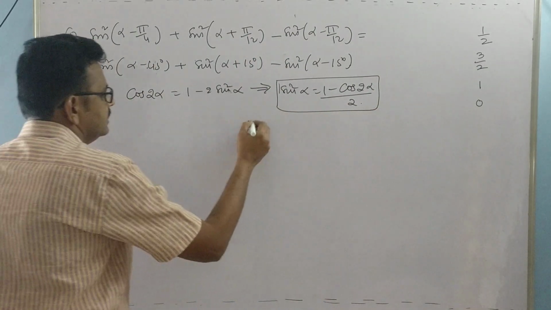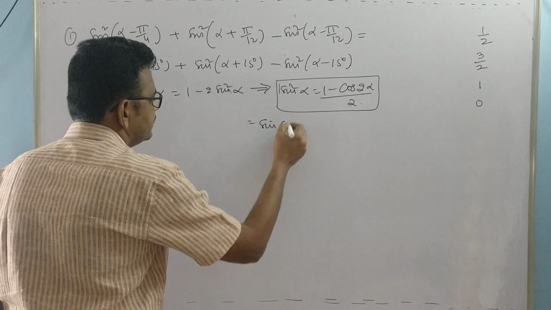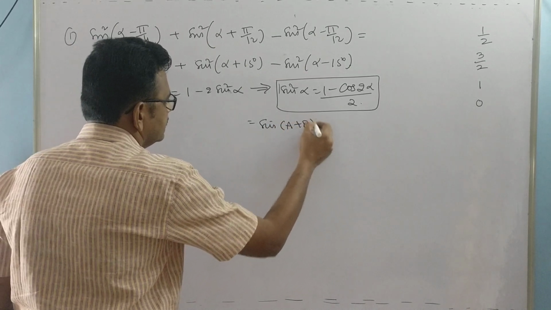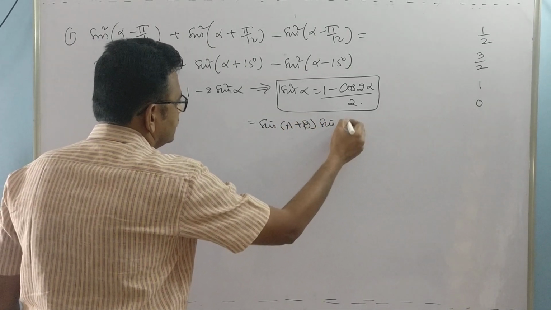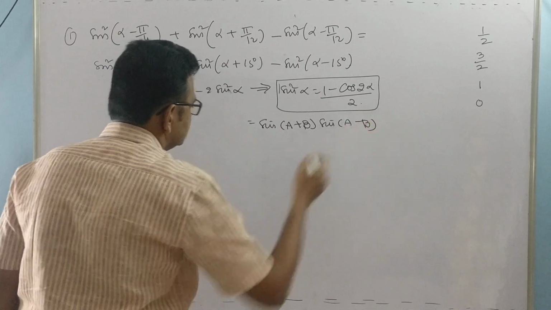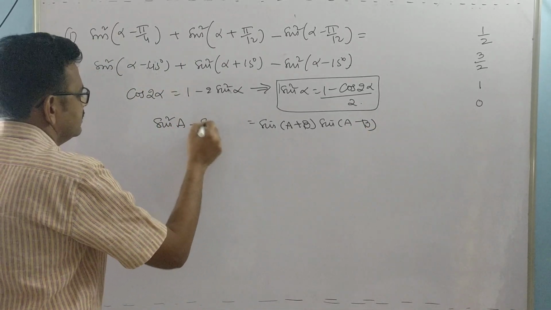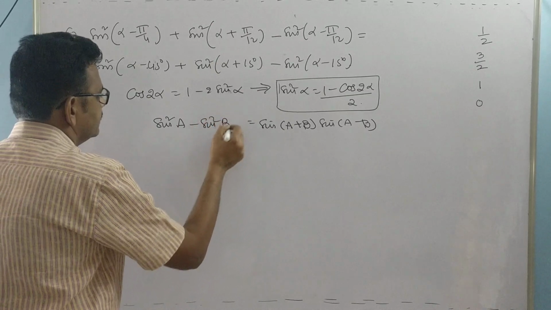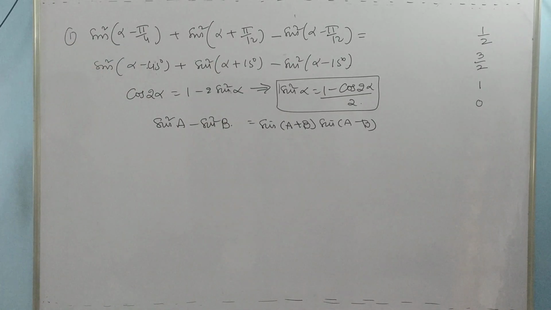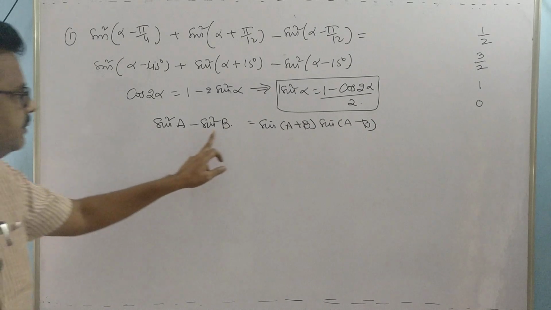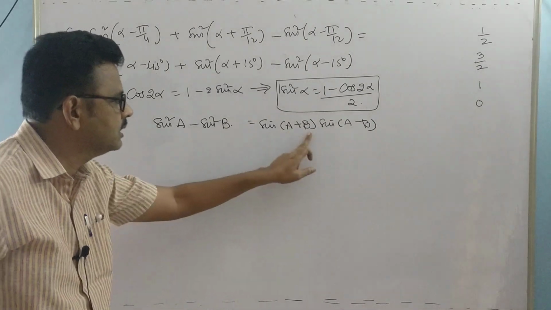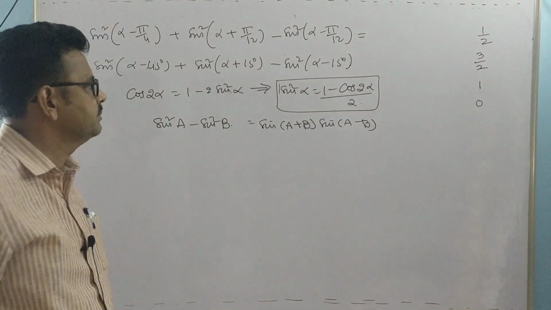And one more formula: sin of (a plus b) into sin of (a minus b) is equal to sin square a minus sin square b. Sin square a minus sin square b equal to sin of (a plus b) into sin of (a minus b).